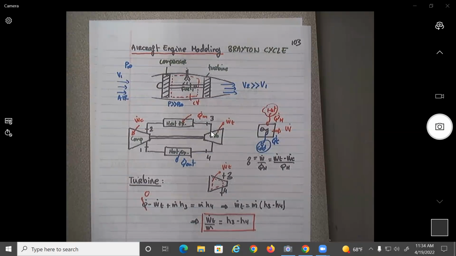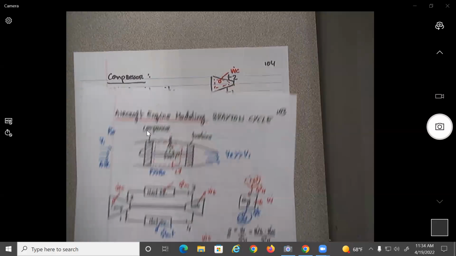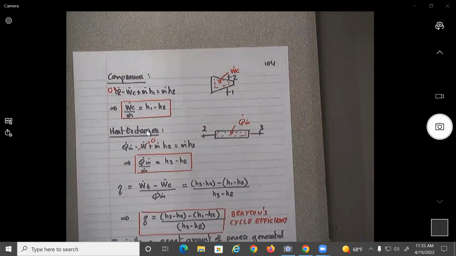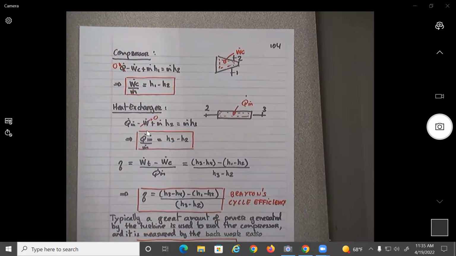Whatever comes in, whatever comes out. Now we do the same thing for the compressor. We need to find the power used by the compressor. Taking the system compressor and neglecting any heat transfer with the surroundings, we have that the power per mass flow used by the compressor is H1 minus H2.